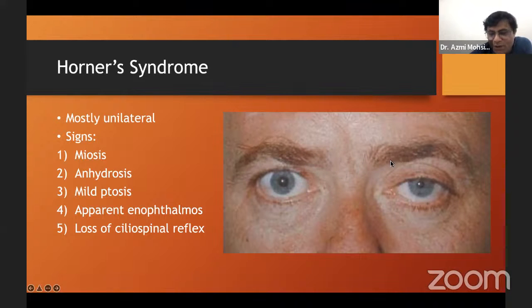This one is the normal, and the upper eyelid on this left side is not being elevated completely. So there is a partial ptosis here. So you will consider this a case of Horner syndrome on the left side.